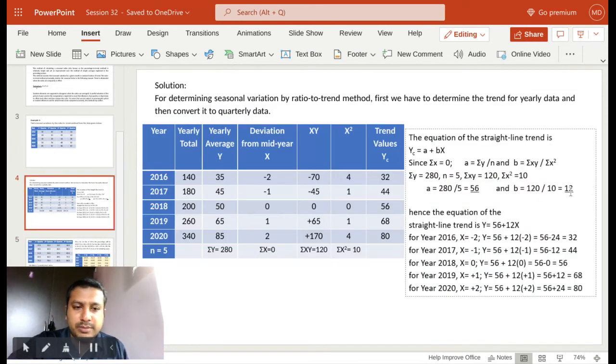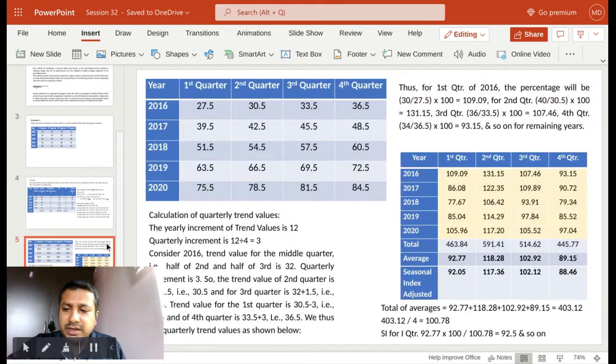With the help of 12, for every year, 32, 44, 56, 68, 80, the difference is 12. Just check. 44 minus 32 is 12, 56 minus 44 is 12, 68 minus 56 is 12, 80 minus 68 is 12. So the incremental value for every year is 12. That means for every quarter, the incremental value will be 12 divided by 4, right? So in a year, if the value increases by 12, in a quarter, it increases by 3.